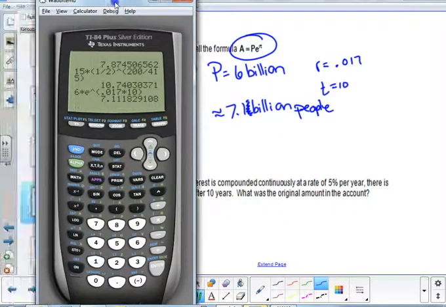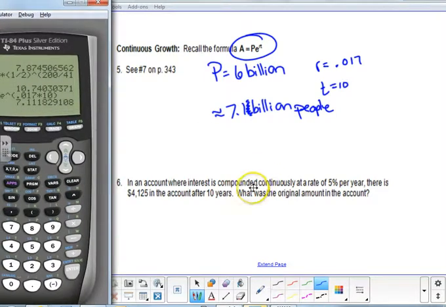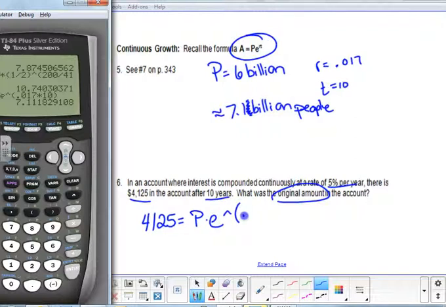Alright, same type of example here in an account that's compounded continuously. So again, we're going to use PERT, 5% per year. There is this much in an account after 10 years. They want us to figure out the original amount. So the A, the final amount, is the 4125. The P is something I am not aware of. So E is a number, and then the R is 0.05 times 10 power.